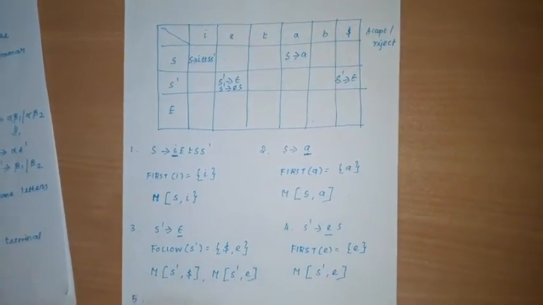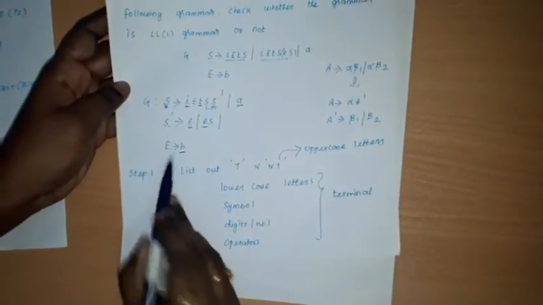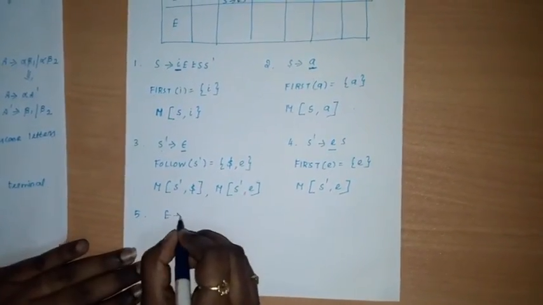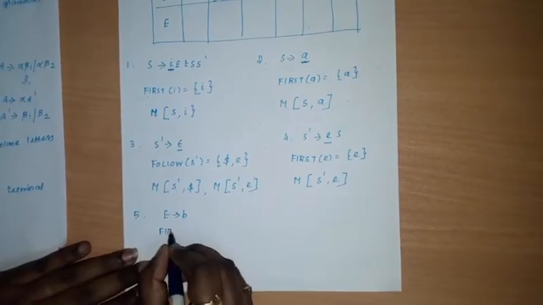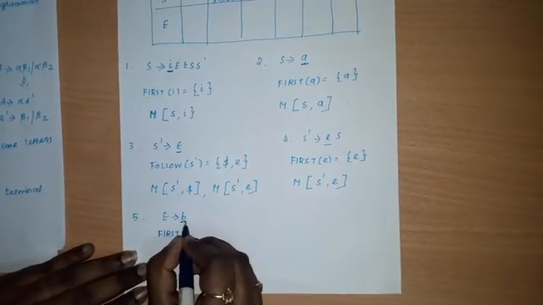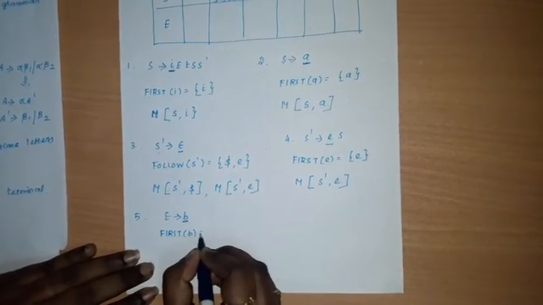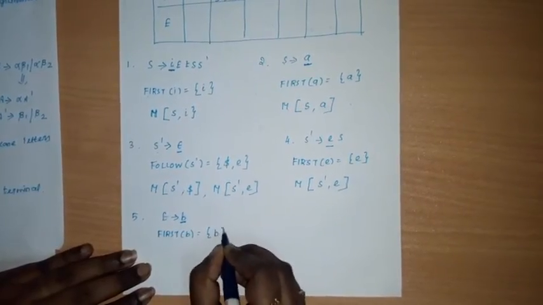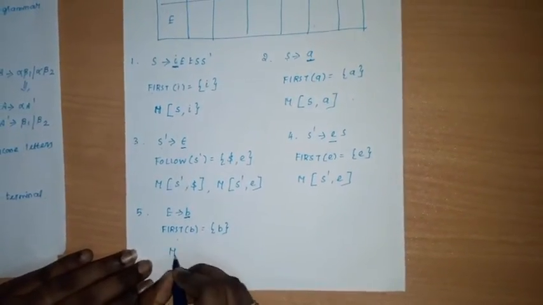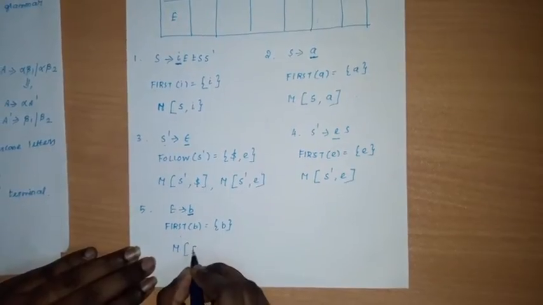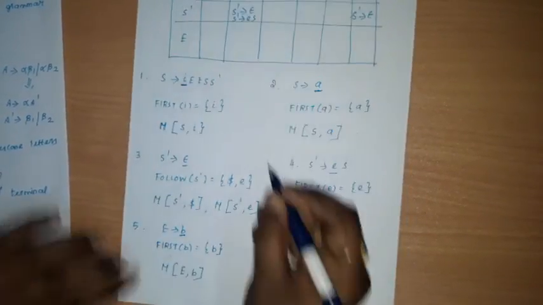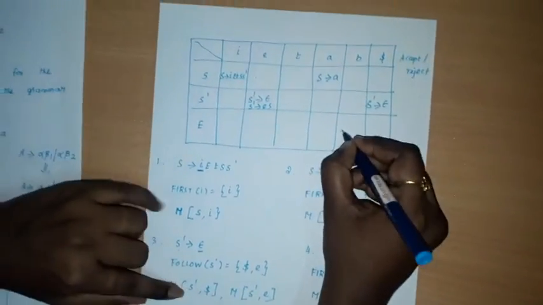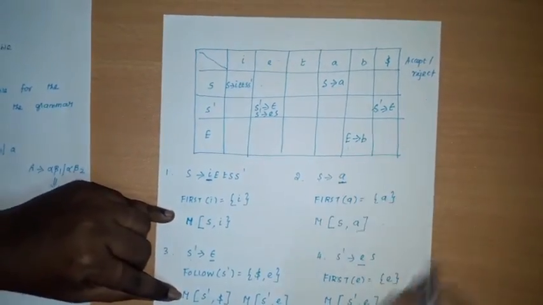The last production is E tends to b. We find out first value of the right side first symbol, first of b. b is a terminal value, so the result is b. Making table entry of left hand symbol E and result is b. So E and b, we have to write the production E tends to b.